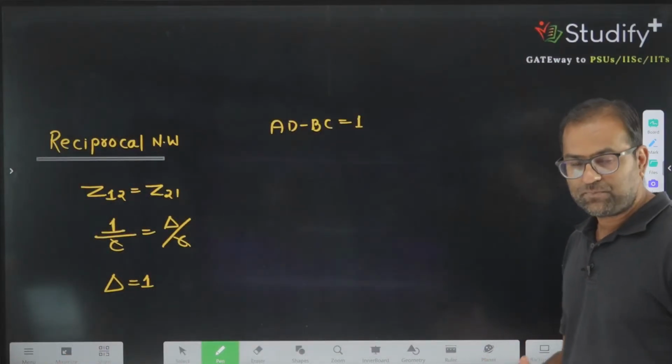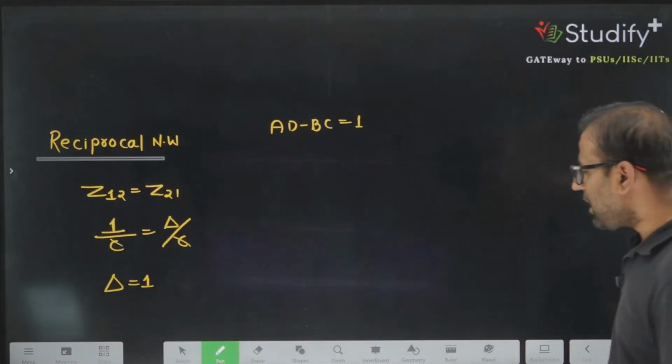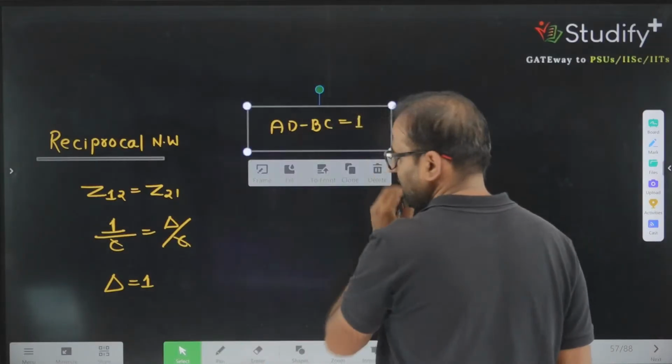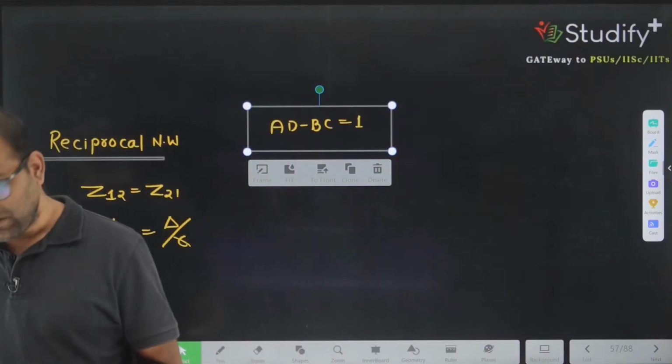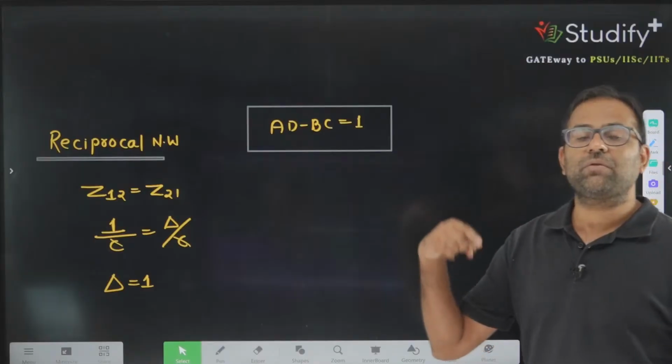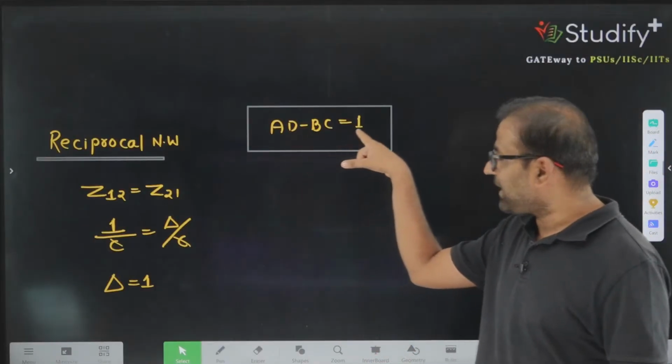This is the idea. AD minus BC equal to 1 is the condition for a reciprocal network. So if a network is reciprocal, the ABCD parameter will satisfy this condition.